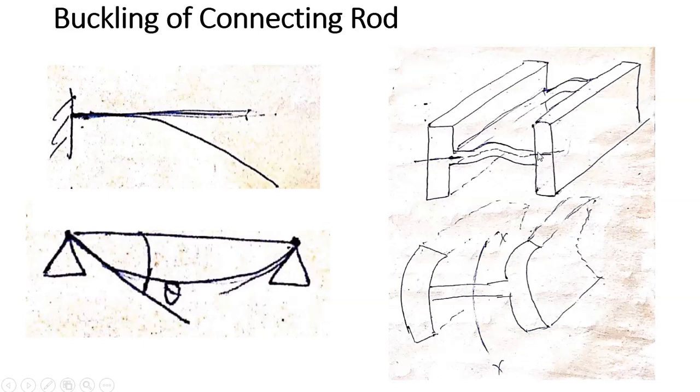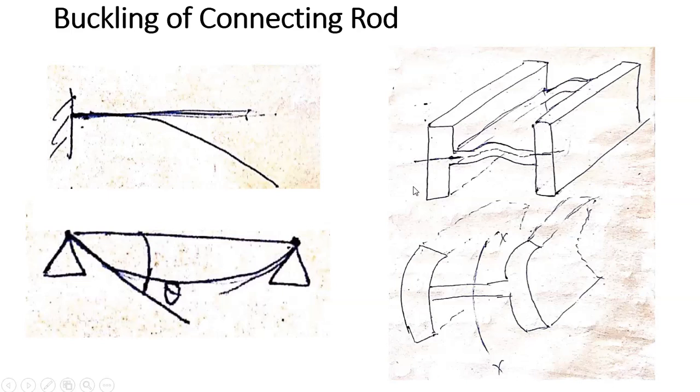It means that along the y-axis, if this buckling shape, or we can say buckling mode, the first mode of buckling, occurs, then we can say that here the ends are fixed, because at this point the slope is 0 as well as the deflection is 0.